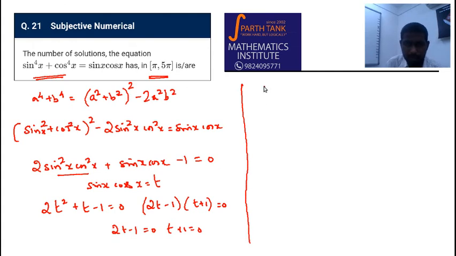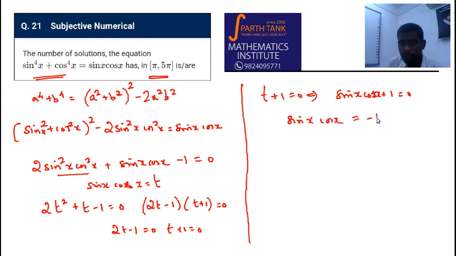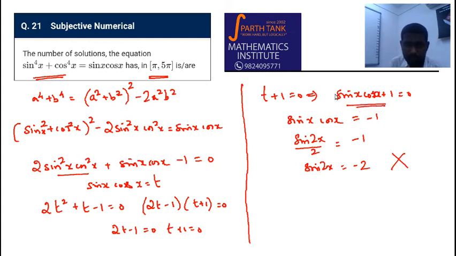First let us consider t plus 1 is 0. This means sin x cos x plus 1 is 0, or sin x cos x is equal to minus 1, or sin 2x by 2 is minus 1, or sin 2x is minus 2, which is not possible. So there are no solutions for this equation.